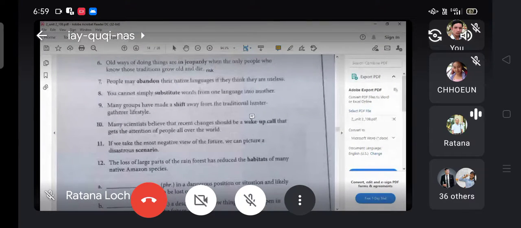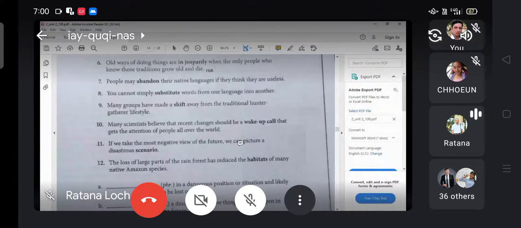Like condition, we cannot pronounce condition, some kind of like that. So I think that you should notice when you read or check the dictionary. Scenario.